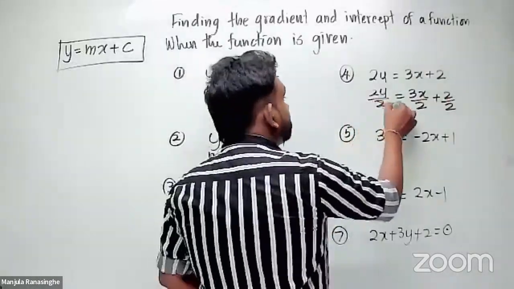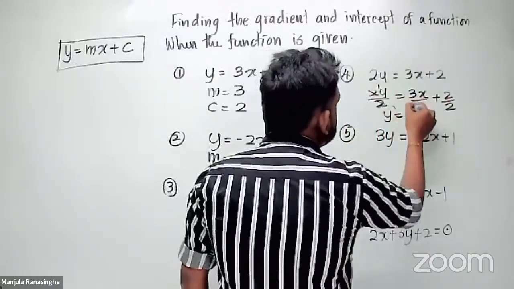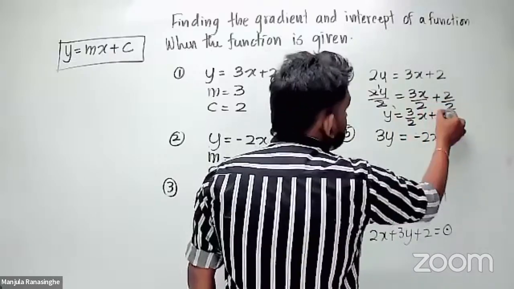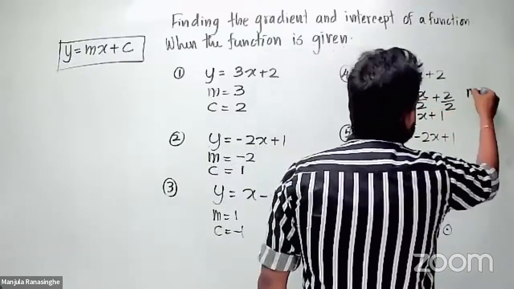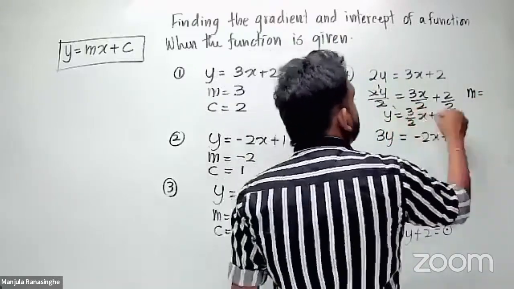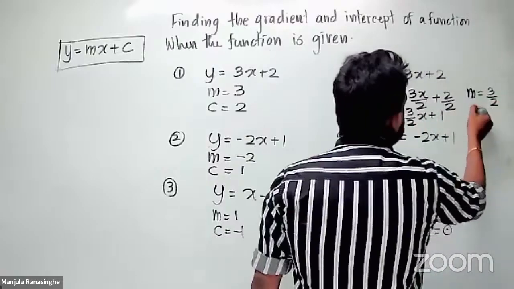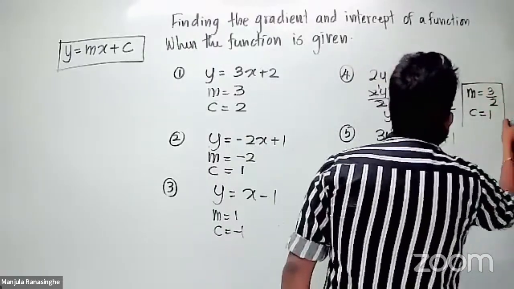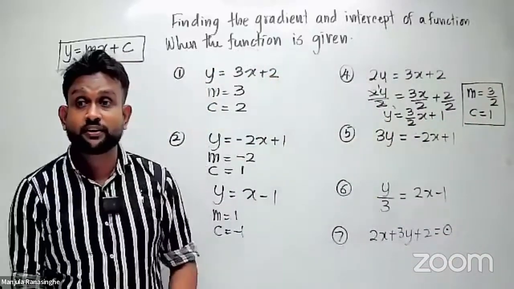Now the 2 is cancelled. y equals 3 upon 2 as a fraction, plus 2 upon 2 which you can take as 1. Now what is the gradient? The gradient equals the x coefficient, that is 3 upon 2, and the intercept is 1. So these are the two results, m and c.